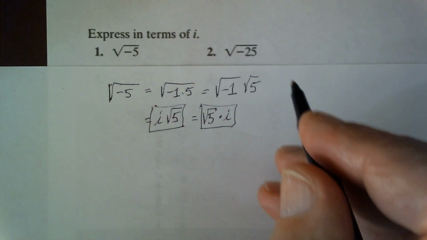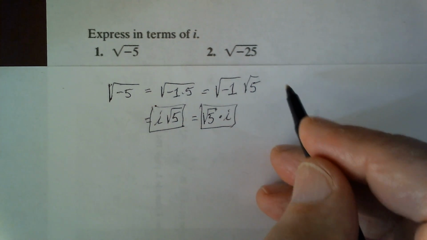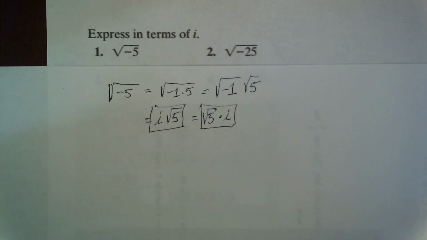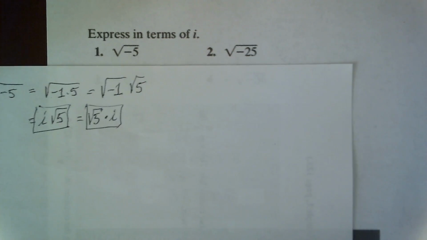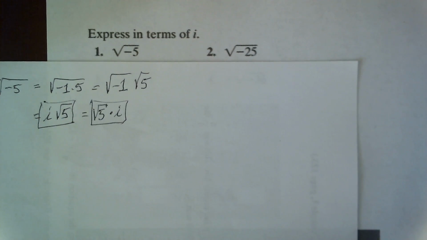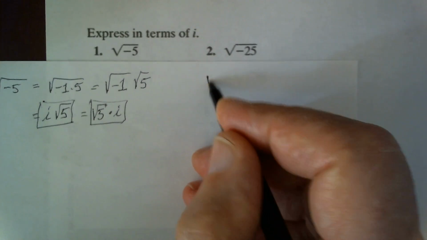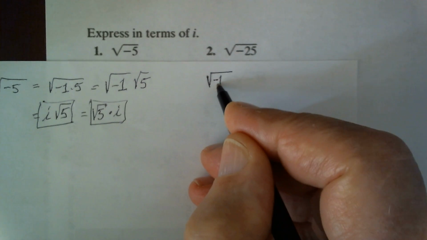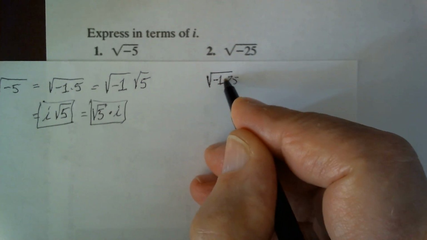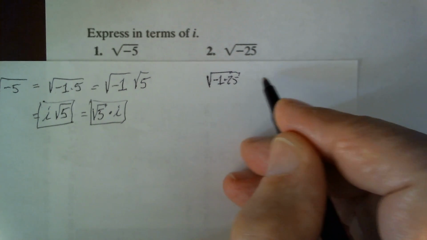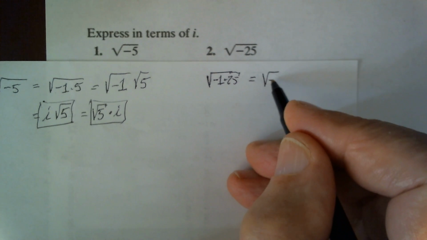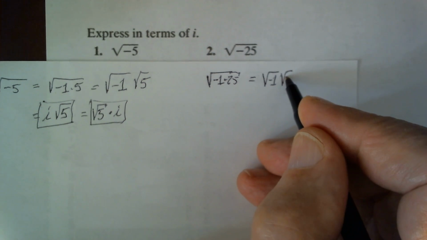Similarly, when we go to number 2, we can look at the square root of -25, and we can write the square root of -25 as the square root of -1 times 25, or as the square root of -1 times the square root of 25.